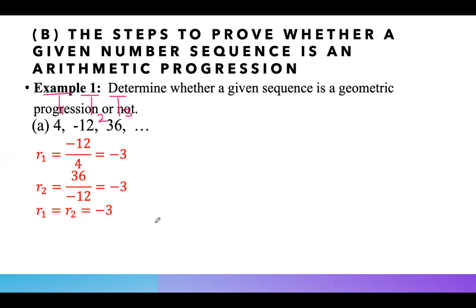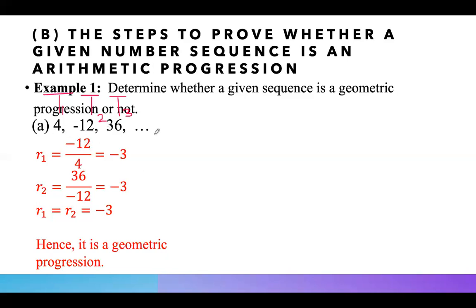Then it proves it is a geometric progression. At least we have to prove two ratios, to ensure this sequence has a common ratio or a constant.